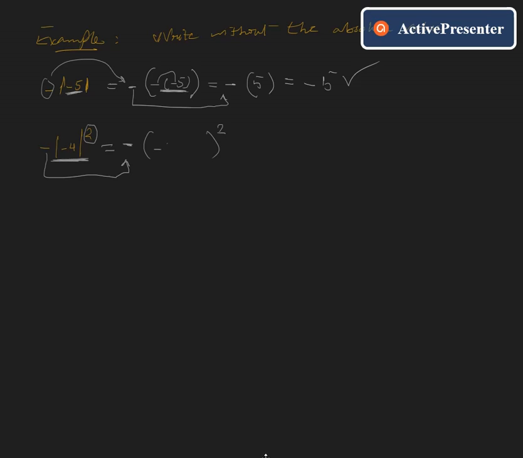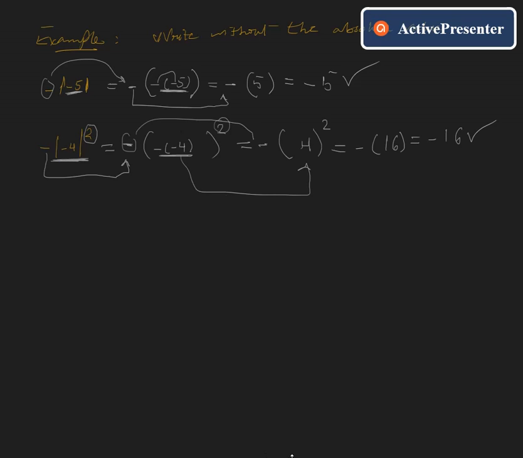It is the negative of what is inside. Then we will write this again: this negative will come here, and the negative of negative 4 is positive 4, and the square will come here, so the answer is negative of 16, which is negative 16.